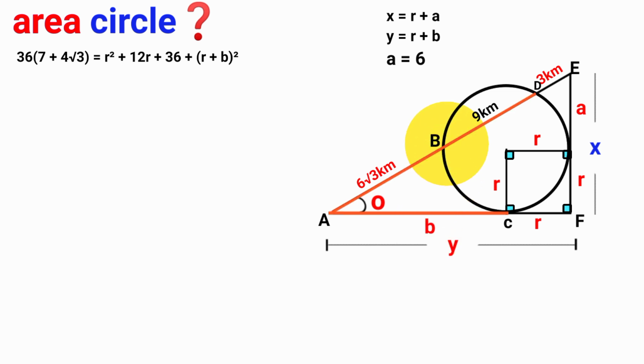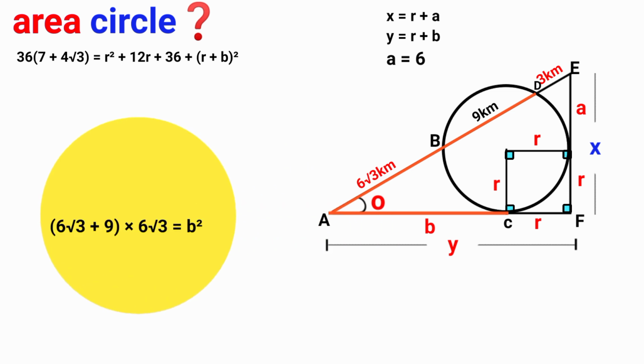This line AD is a secant and it intersects this tangent, so by the tangent-secant theorem, since this is line AD and this segment is its external segment and this is the tangent segment, (6 root 3 + 9) times 6 root 3 equals b squared. (6 root 3 + 9) times 6 root 3 is 6 root 3 times 6 root 3 plus 9 times 6 root 3. 6 root 3 times 6 root 3 is 36 times 3, which is 108.